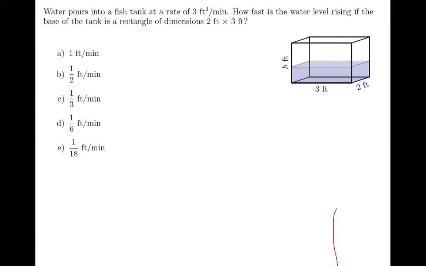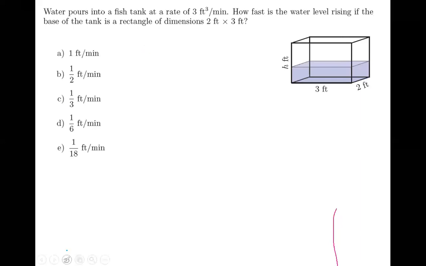And since it's related rates, we have to read the question. We have to get some connections between the given information, but also we have to differentiate because we need a relation between the rates of change. Let's see this question. Water pours into a fish tank at the rate of 3 cubic feet per minute.